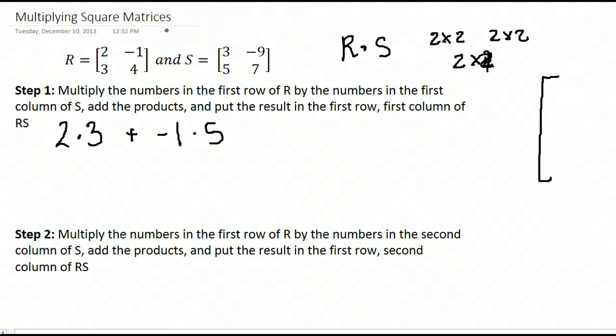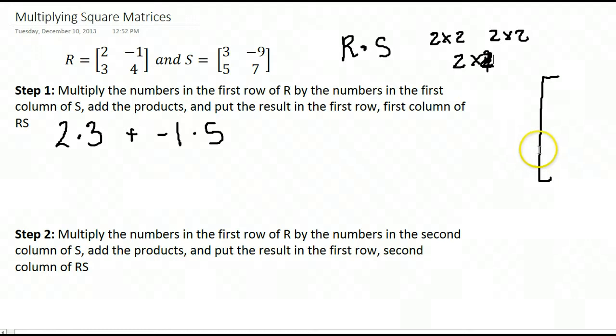When we're multiplying this, the first step is to multiply the numbers in the first row of R by the numbers in the first column of S. So we're multiplying a row by a column. The products become the first element in your matrix, the product and the sum. So what does that mean? Let's look at this.